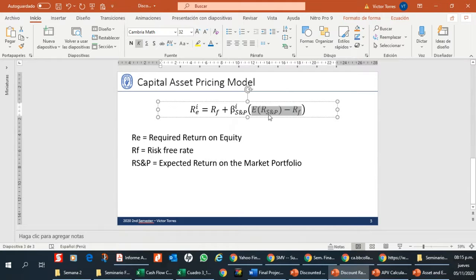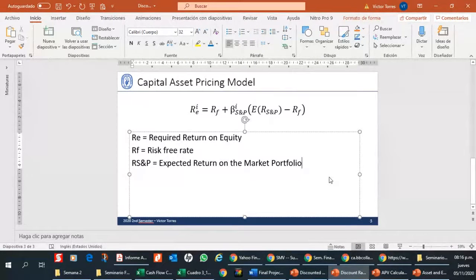And then you multiply by beta, right? And beta, as you know, is a measure of the sensitivity of the return on a particular stock. That's why the i appears there, right? Compared to the market. Beta does incorporate the effect of diversification. You do know that, right? And it's basically the covariance, right, of the return of my stock compared to the return on the S&P divided by the variance of the S&P, right?